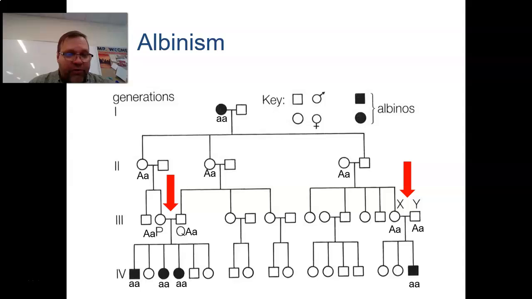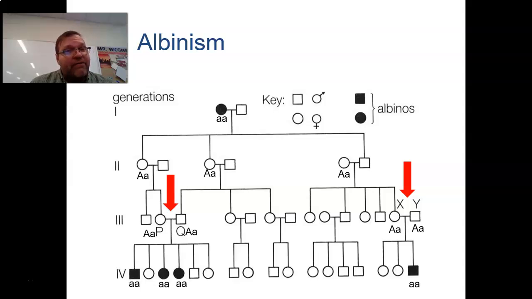Now we're going to look down here in the fourth generation. In the fourth generation, some of the children ended up being lower a, lower a. So that red arrow is pointing to individuals P and Q. They're in the third generation. And the female wife P and the male husband Q, they do not have it. So if they do not have it, they have a capital letter A. Capital letter A means I don't have the condition.